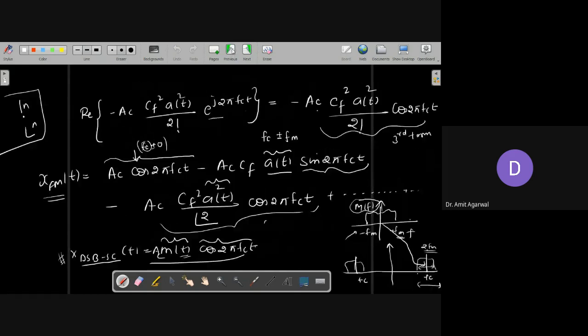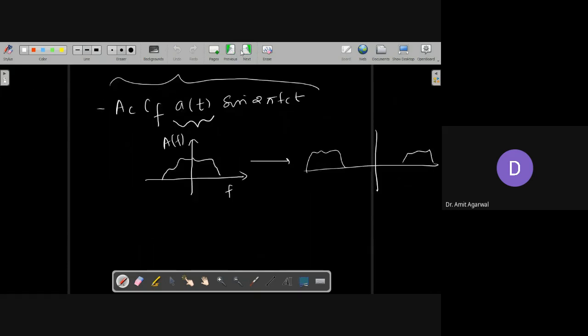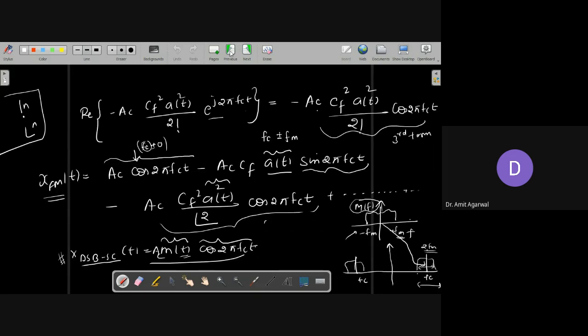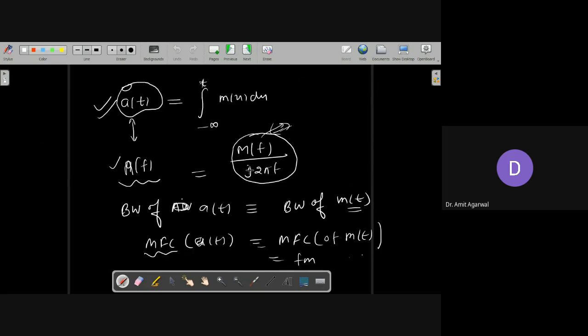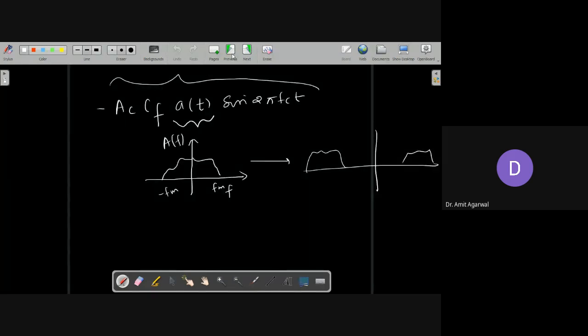Using this, we can say the width of this spectrum will also be the same as the width of the m(t) spectrum. The shape would change, of course, because of the factor 1 upon j2 pi f, but the support, or this width, will be the same.